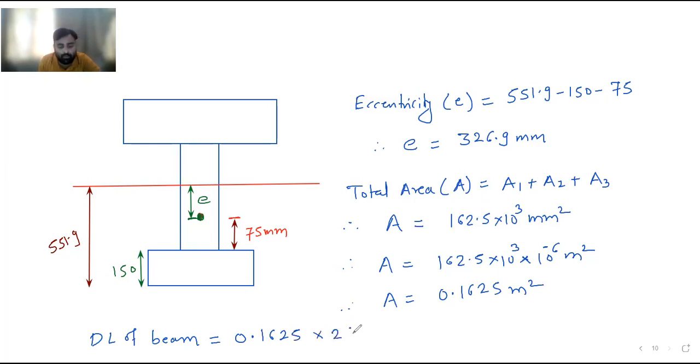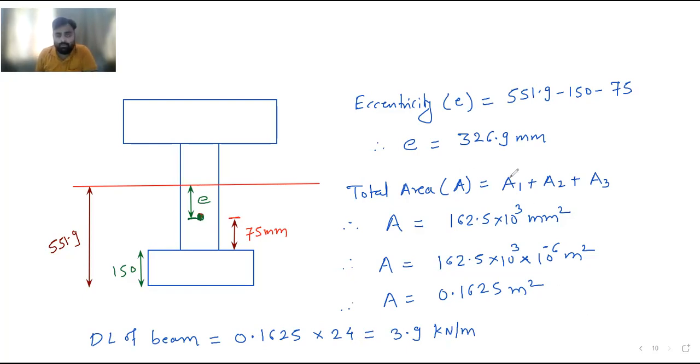Okay, the weight is given as 24. What is the answer? 3.9. Okay, so this is 3.9 kilonewton per meter.